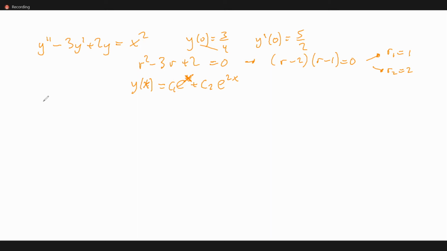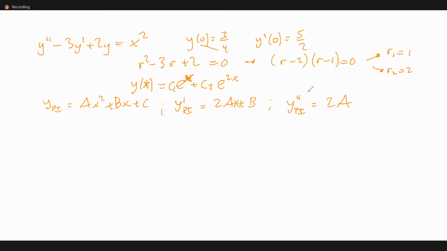So our particular integral will have the form ax squared plus bx plus c, from which y prime of the particular integral is equal to 2ax plus b, and the second order derivative of the particular integral becomes 2a.